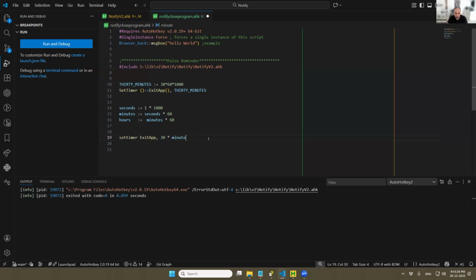Because one of the things that I have mentioned before is comments shouldn't say what the code is doing. You should write the code in a way that you can see what it's doing. Comments should be about why you did it that way. Why did you do this instead of that? Why did you put a timer instead of a loop?